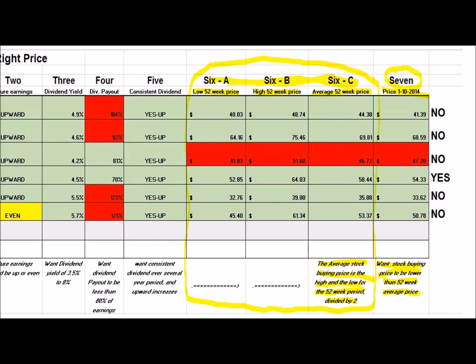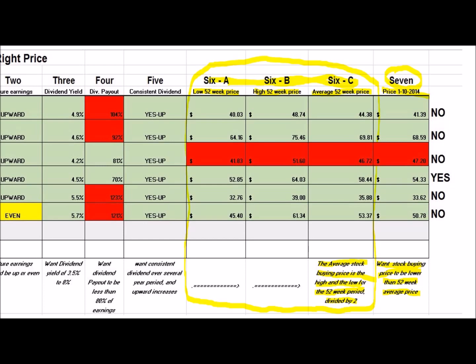Then in the third column we add the two of those together and divide by 2, and come up with $58.44 as the average price. You want the price that you're trying to buy it for right now to be less than that average price. You don't want the price to be too high when you're buying it. As of January 2014, the price was $54.33, and that price is less than $58.44, so we're still good.